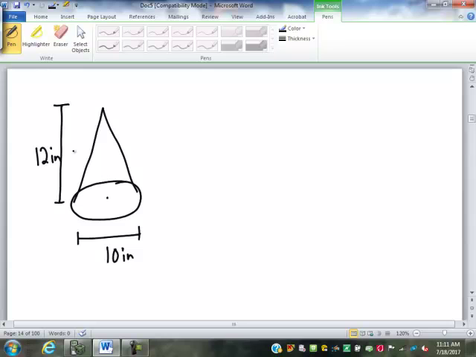A cone with a 10-inch circular base and a 12-inch height. To find our volume, we need to start out with the area of the base.